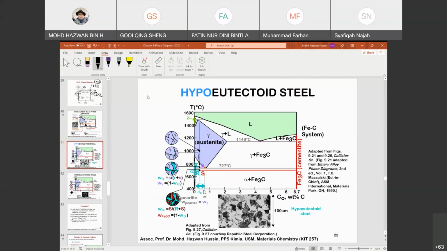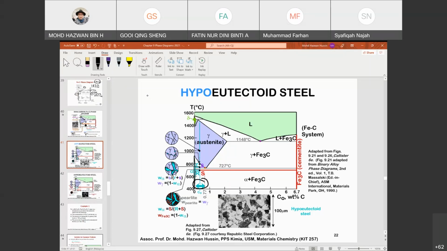Before this, in binary eutectic, we've heard about hypoeutectic and hypereutectic. So for hypoeutectoid, it actually means the region below the range, normally it forms somewhere here. Nampak tak dekat sini? So it forms in between maybe 0.00 something until 0.7. Okay, so this is actually the region of hypoeutectoid.